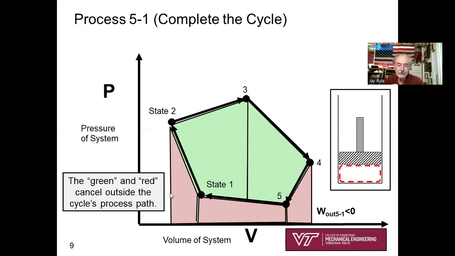Okay, so that's an important thing to recognize. But another thing to recognize is I've just scoped out an area of green, and that represents the net work done by all the processes added together. So this green is a representation of the net work of the cycle.